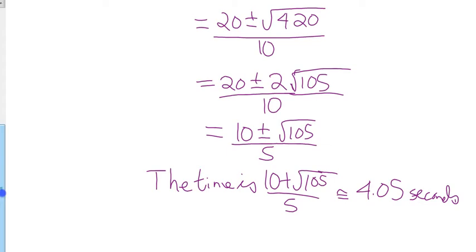The negative solution is rejected based on context. It would be negative 0.05 seconds, before it was kicked. The ball was on the ground.